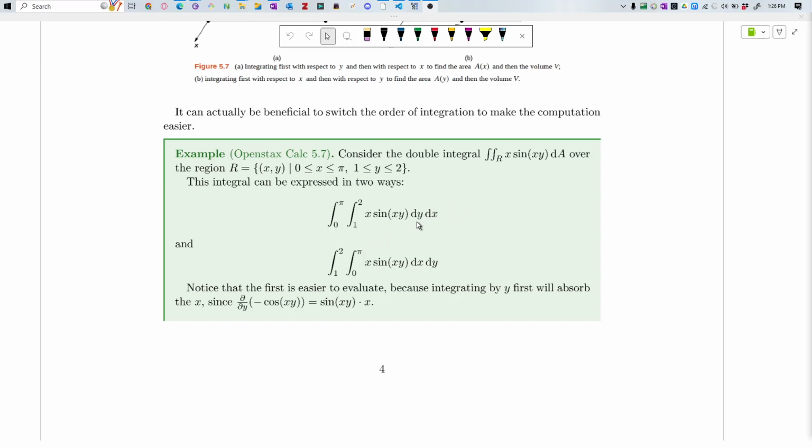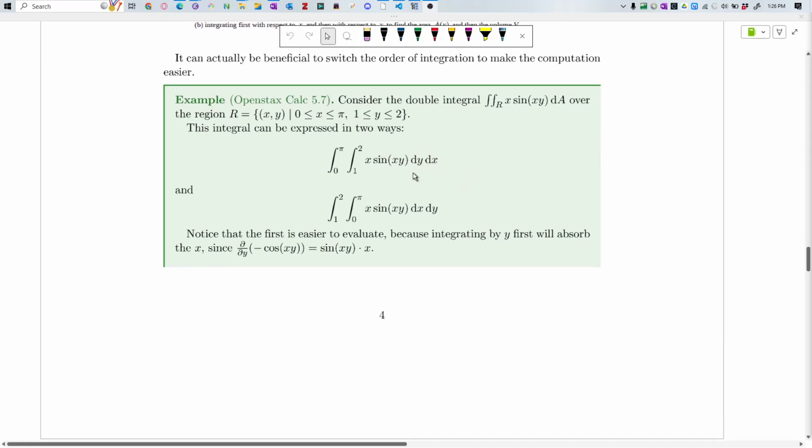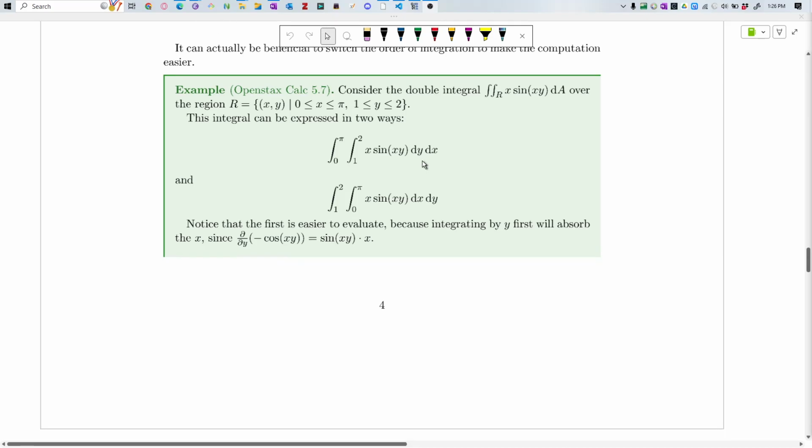In this order, we would first integrate with respect to y, then x, and we let y range from 1 to 2 and x range from 0 to pi, just as the region specifies. Alternatively, we can integrate with respect to x first, followed by y, and you can see that the bounds are also made to match the rectangular region. Now, the important point is that the first way of writing this is easier to do.